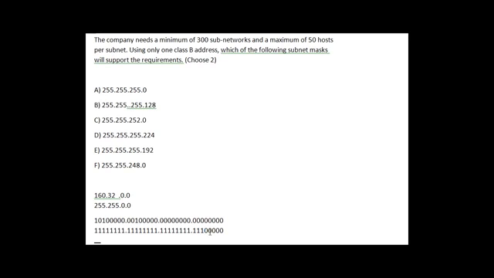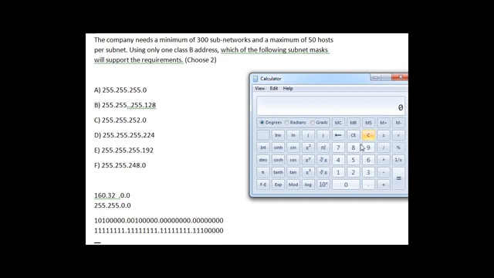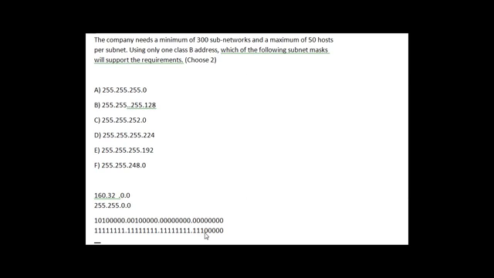Why 32? How many zeros? 1, 2, 3, 4, 5. 2 to the 5th power is 32, and that would not be enough hosts. So this right here would be 255.255.255 dot, the 128 bit plus the 64 bit would be 192.